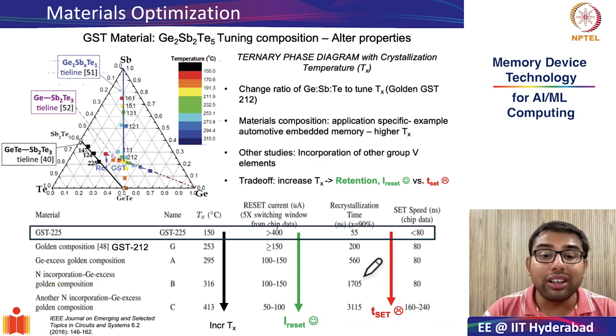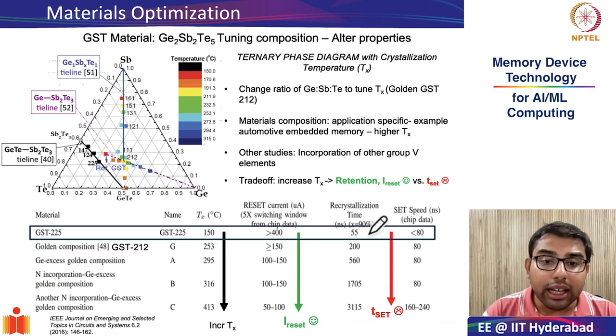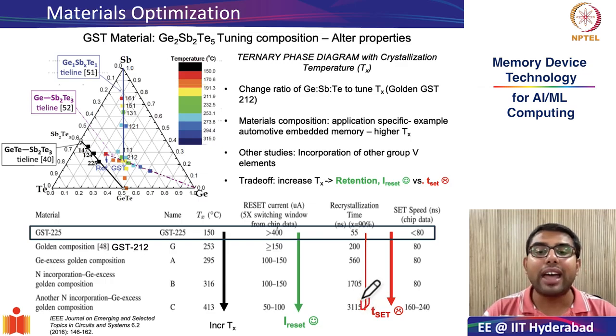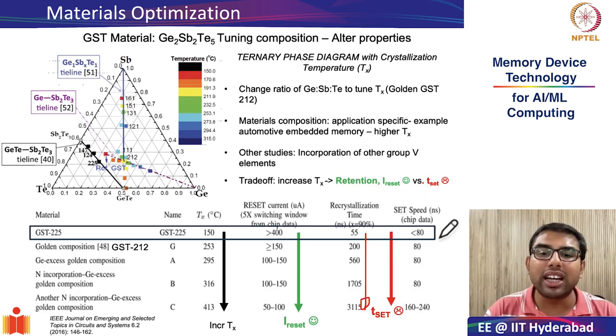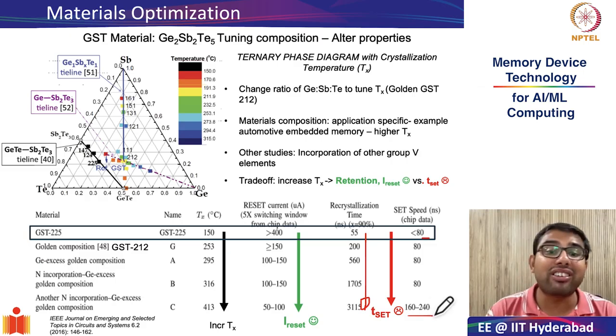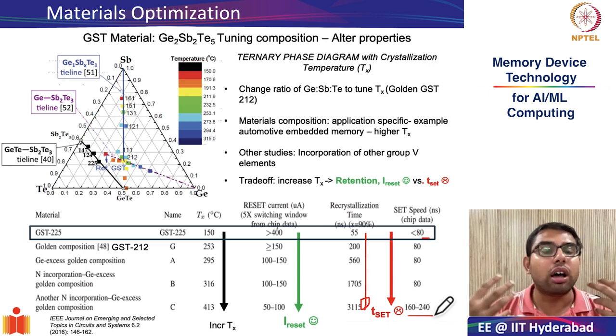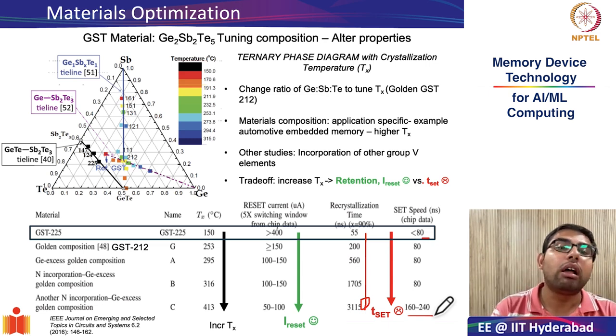The trade-off is that the recrystallization time increases by almost 2 orders of magnitude, and therefore even the set latency, remember the latency is decided by the long set pulse, also increases from less than 80 nanoseconds to almost 200 nanoseconds. So there is always a trade-off with trying to improve retention and reliability by increasing the crystallization temperature.